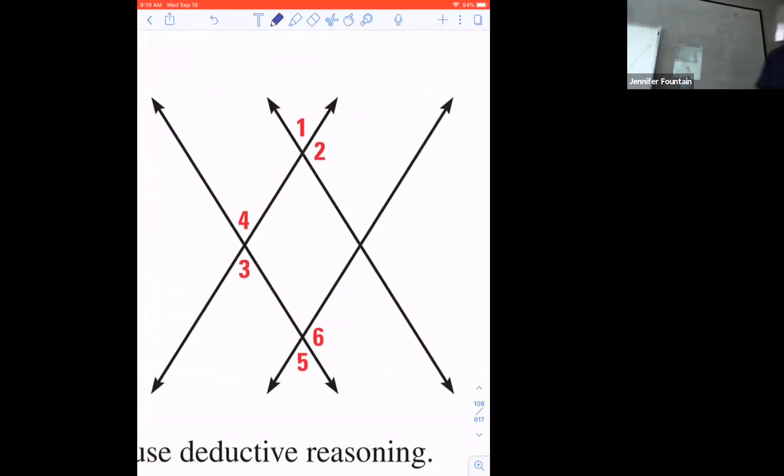If we know that these two are congruent here, then that means these two are congruent here. These two are going to be congruent, and these two are going to be congruent. So we can see, based on congruence, that.